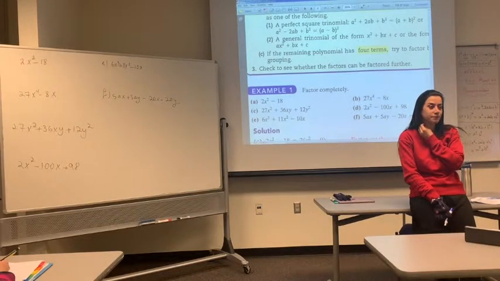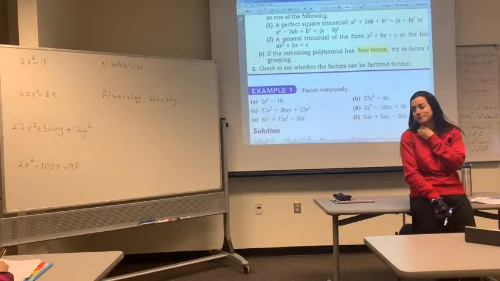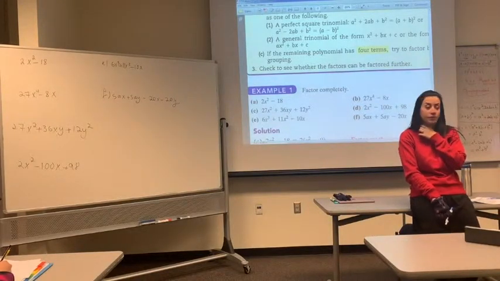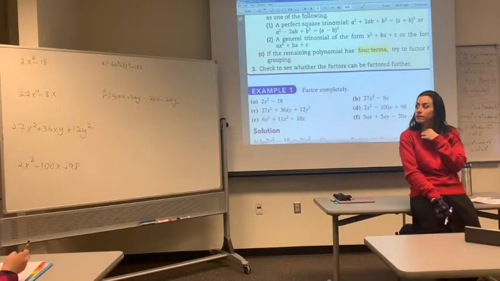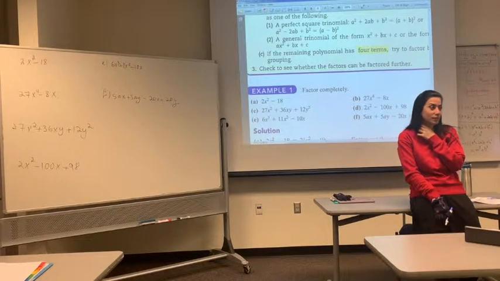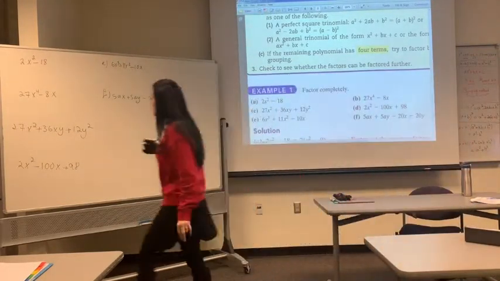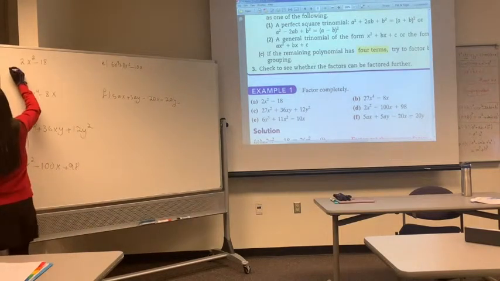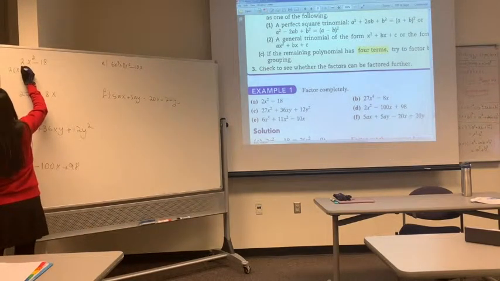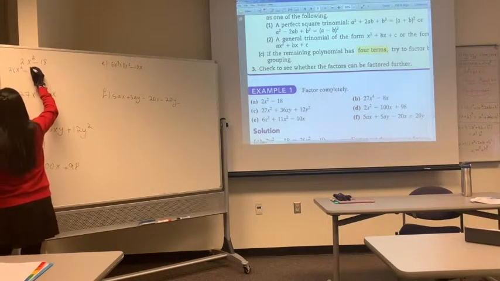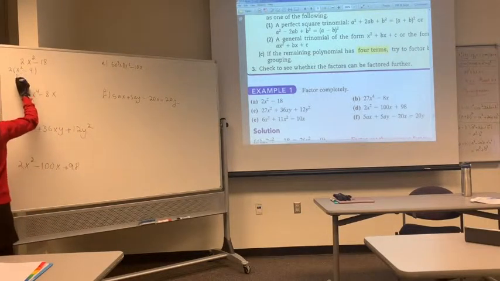Solve it. Okay, so the first thing is to bring out the common factor, right? So the first one, 2x squared minus 18, 2 is common, right? So I will bring out 2, and then I have x squared minus 9. And then x squared is a perfect square.